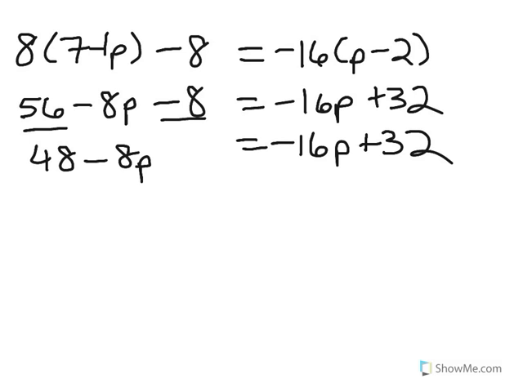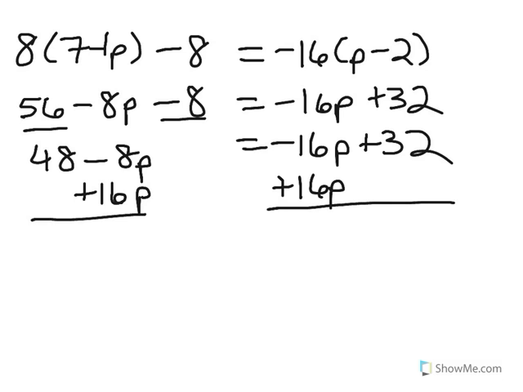How do I get rid of my negative 16p? Well, do it by adding a positive 16p. But if I do that to one side, I must do it to the other. On the left side, negative 8p plus 16p is positive 8p, and 48 is still there. On the right side, the p's are all gone, and all we have left is 32.